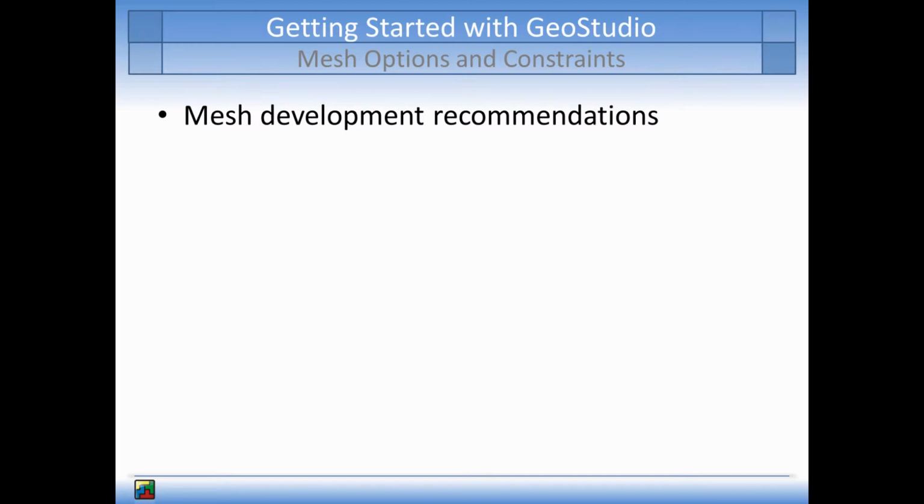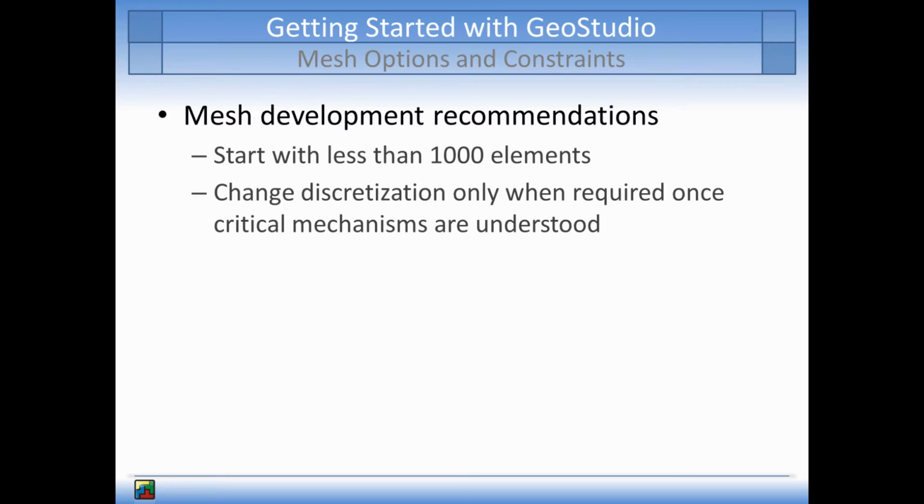It is recommended that the user starts with a mesh that is less than 1,000 elements at the start of an analysis. Once a good understanding has been developed on the critical mechanisms in the particular problem that is being simulated, the user can increase the discretization of the mesh as required.